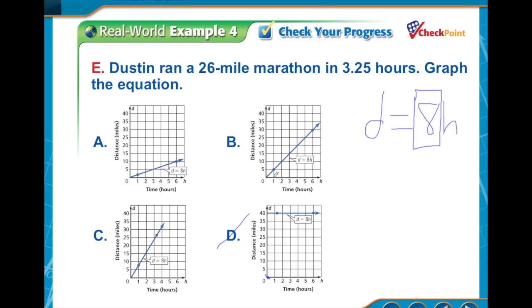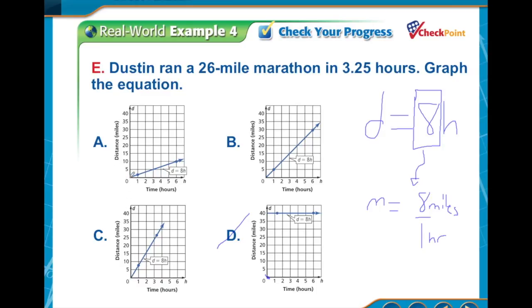This is our slope, or our m value, is 8 over 1, and that's 8 miles each 1 hour. So we should track these graphs and see which one, when you move over 1 hour, does it go up 8 miles? So let's look.